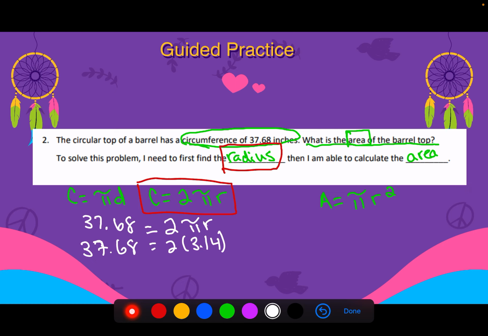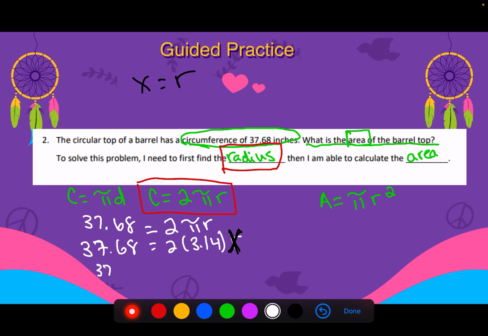Do we know our radius? No, we do not know our radius. So that is what we are solving for. So now it's just like if we were solving an equation and we were solving for x. Okay, let's say our r is our x. So I'm going to write it up here just so you know. x equals r.